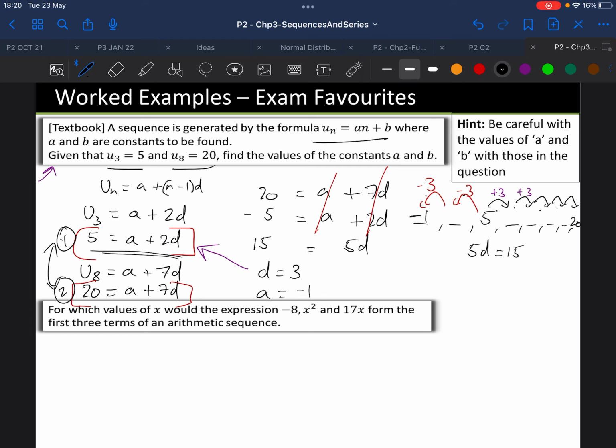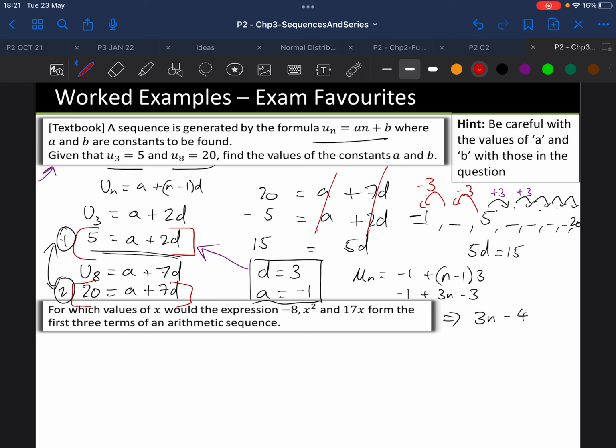We're going to substitute these now into the nth term. So the nth term is a, so minus 1, plus n minus 1 times the difference, which is 3. If I multiply that out, I will get the following, which can be turned into 3n minus 4.